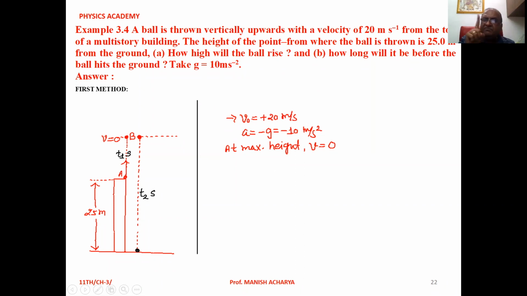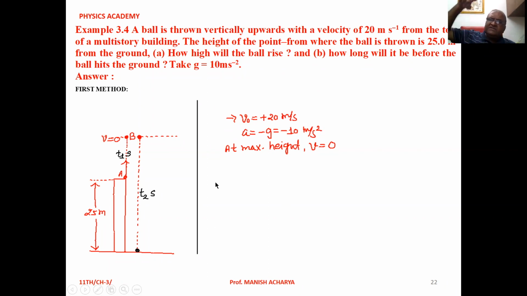In one lecture we discussed this thing. If an object is moving under the effect of gravity, whether vertically upward or vertically downward, any type of motion, the acceleration you have to take is always negative. Clear? So acceleration we have to take as minus g, that is minus 10 meters per second squared.